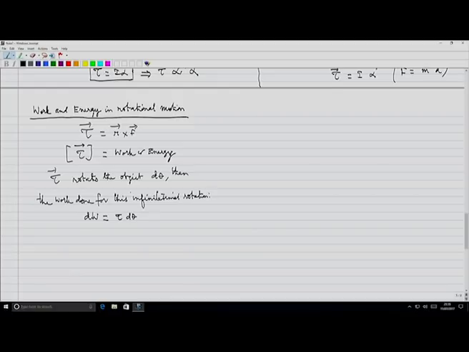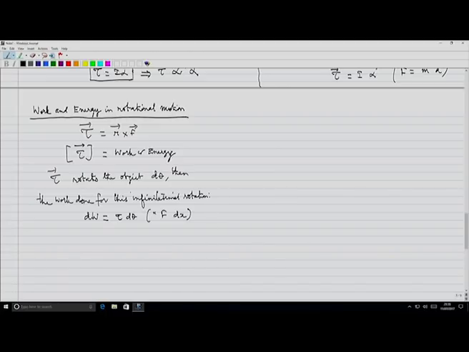So this is similar to linear motion, F dx. This is the analogy. In linear motion, the force acting on it moves it by a small amount dx. Here it is the torque, so it rotates the body by d theta. Therefore the amount of work done in an infinitesimal rotation is tau times d theta.